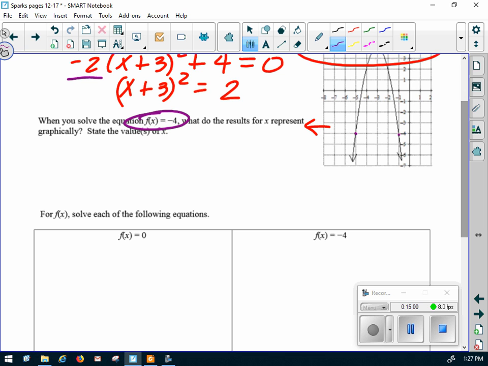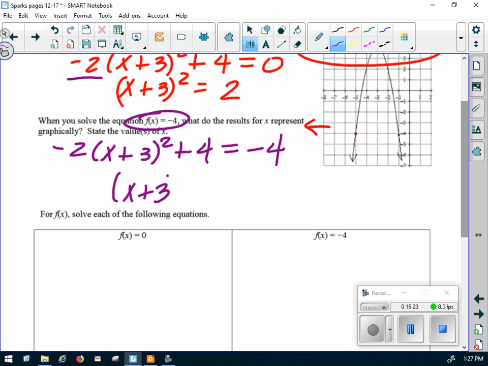So we're going to go and solve it. Negative 2 times x plus 3 quantity squared plus 4 equals negative 4. What do we do? Subtract 4, then? So that'll be negative 8 divided by negative 2, so x plus 3 quantity squared equals 4. They've got a space for us to do this right here, don't they?